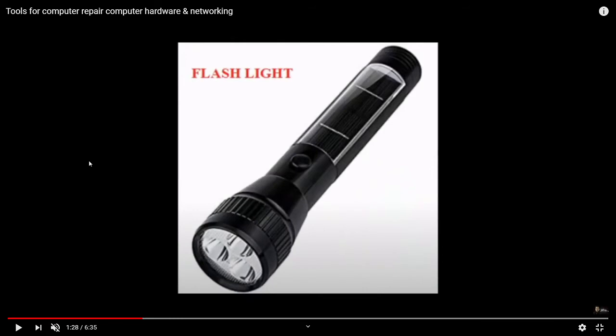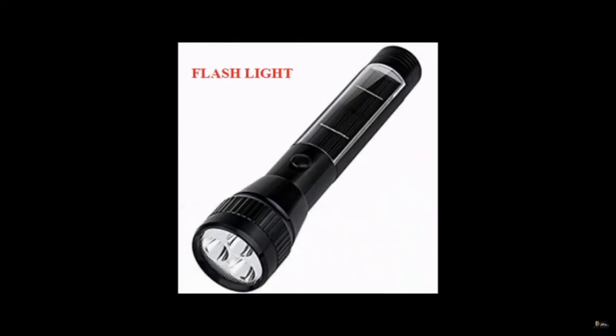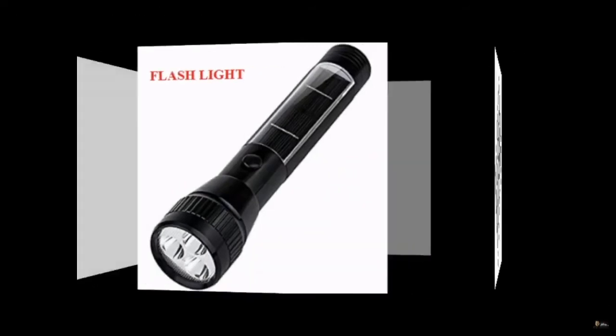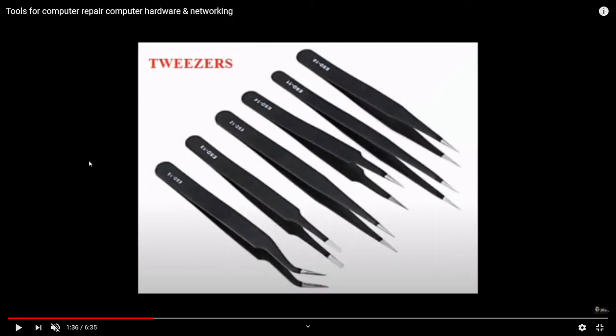A flashlight or torch is a portable and handheld electric light. Tweezers. Tweezers are small tools used for picking up objects too small to be easily handled with the human fingers.